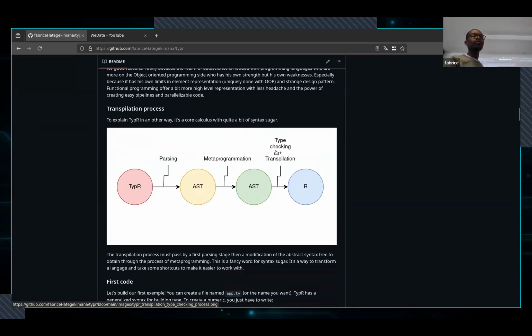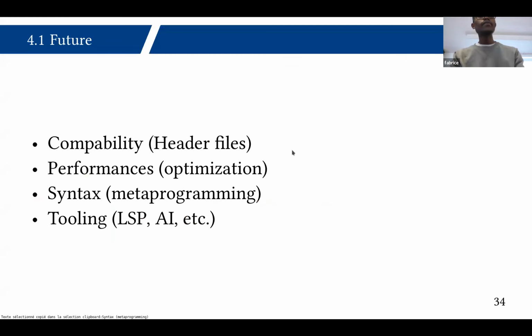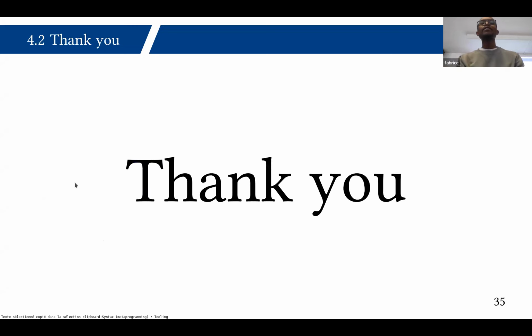So with that, we will do some type checking on transpilation. And for the syntax, that's all. We also have the tooling, where I want to bring some LSP, some AI companion, and everything like that, so people will be able to use it better.